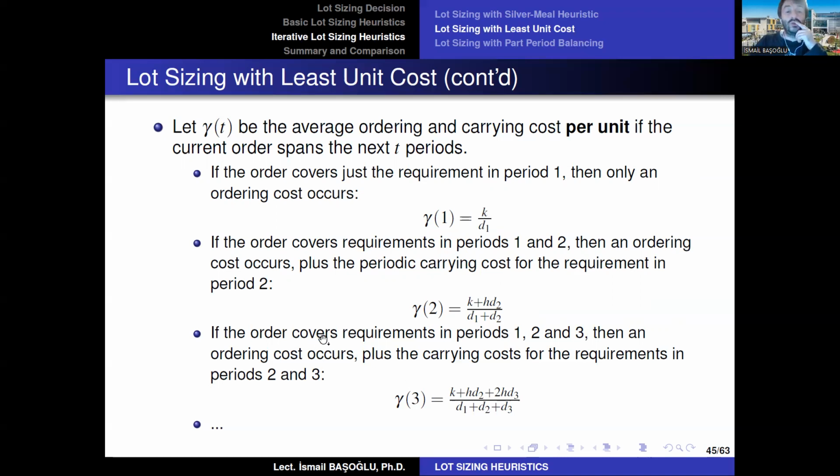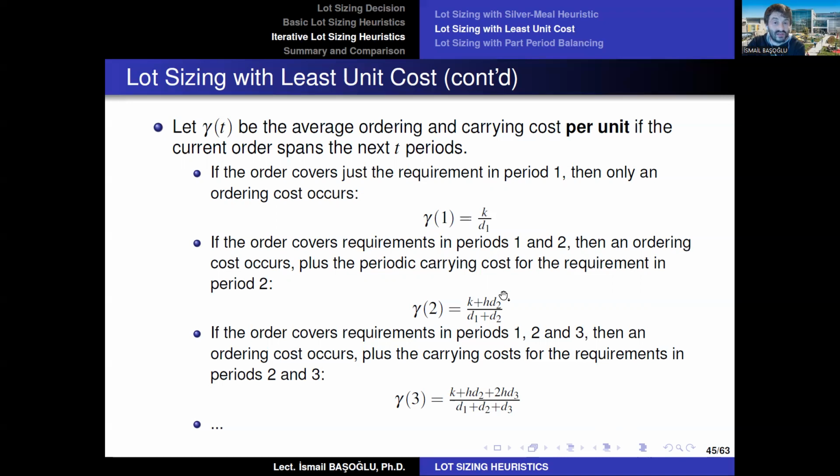Now, if my order spans the requirements of the following 3 periods, then I will pay a fixed ordering cost plus the inventory carrying cost associated with the demand of the next period, but I'm going to carry that inventory for one period only. And I will pay the inventory carrying cost associated with the demand of the third period, and that portion of the order will be carried in inventory for 2 periods. So I need to multiply it with 2H.